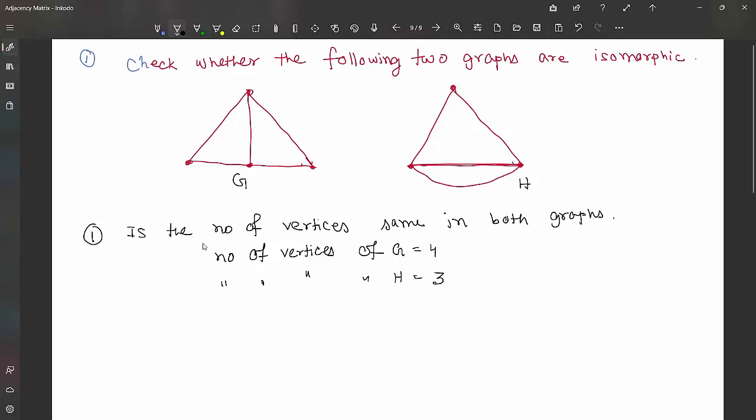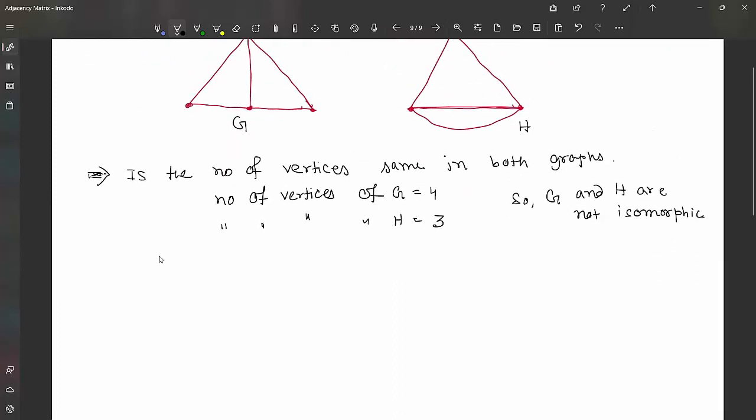So these are different. So G and H are not isomorphic. This is the first checking you have to do: whether the number of vertices are the same.